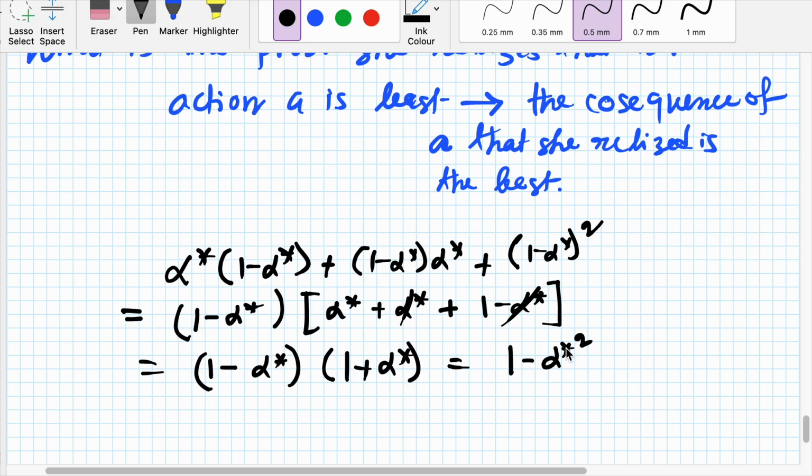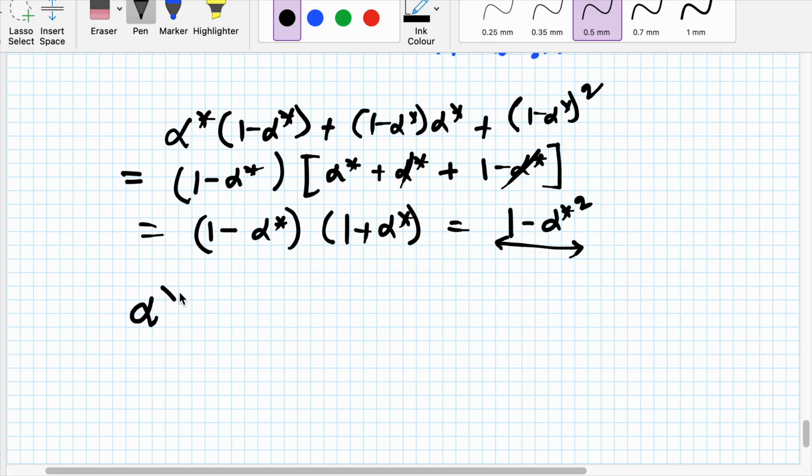Now when will it be the equilibrium? It will be equilibrium if the probability of realizing that her action A is best is the same as her probability of choosing the action A, because when she finds the action A is best, she is going to choose the action A. So there will be no incentive to change her strategy from alpha star to any other, because she will find that alpha star, the probability of choosing the action A, is best.